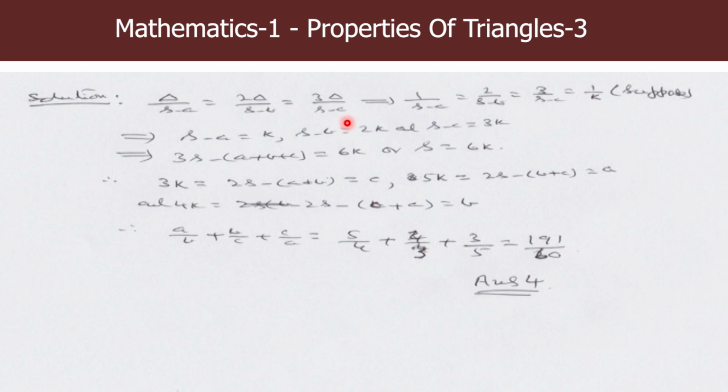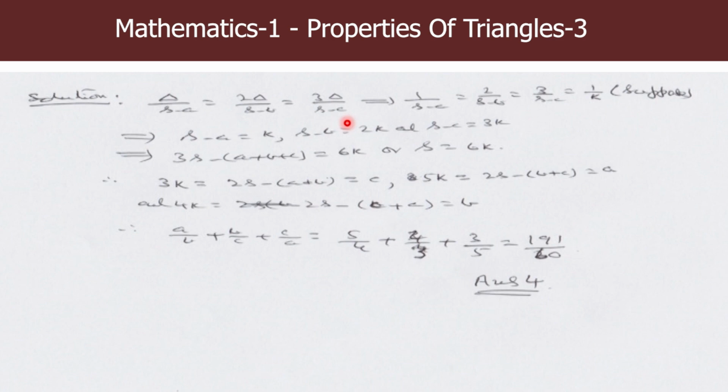So that indicates 3s − (a + b + c) is equal to 6k, or s is equal to 6k, because a + b + c means 2s. So therefore, 3k is equal to 2s − (a + b), which is c. And similarly, 5k is equal to 2s − (b + c), which is a. And 4k is equal to 2s − (c + a), which is equal to b.